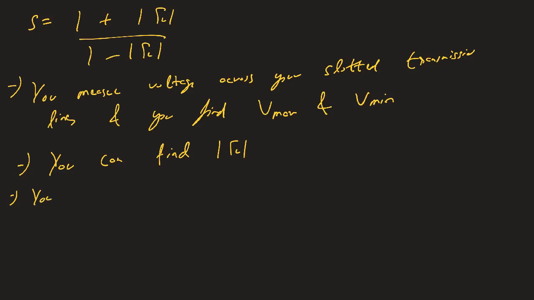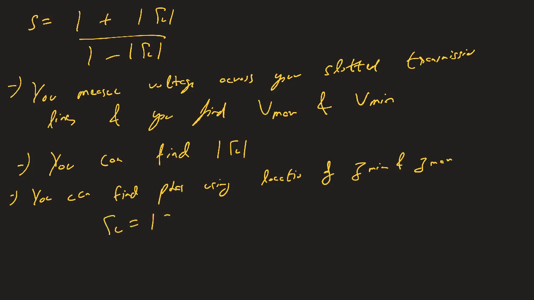So you can find the phase using the location of Zmin and Zmax. So using the location, you can find phi. So then you will have gamma L, which is equal to mod gamma L e to the i phi.